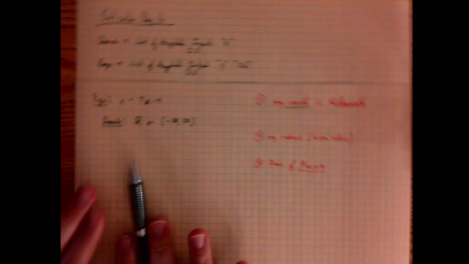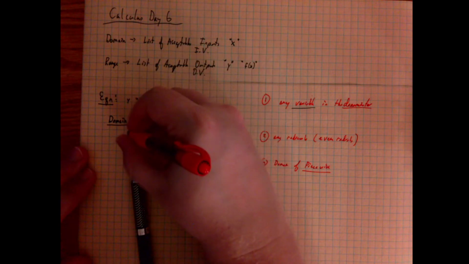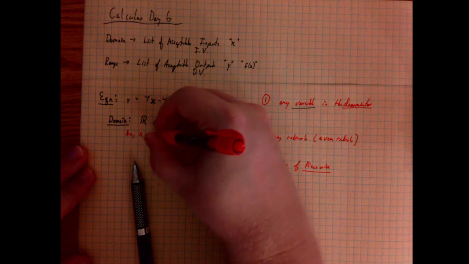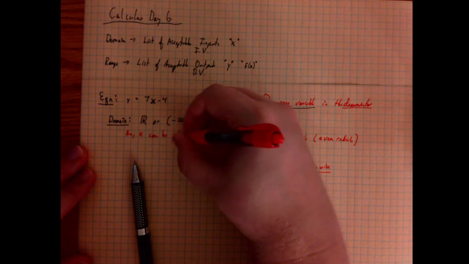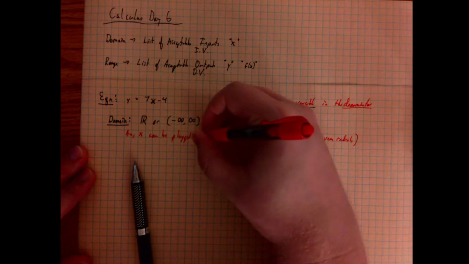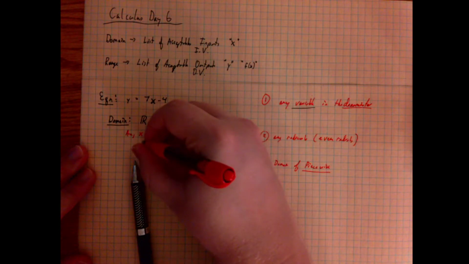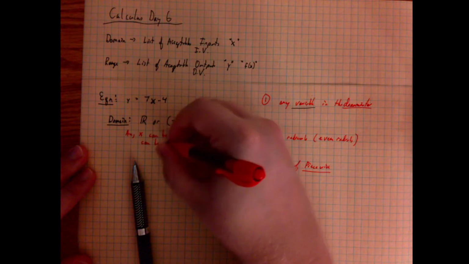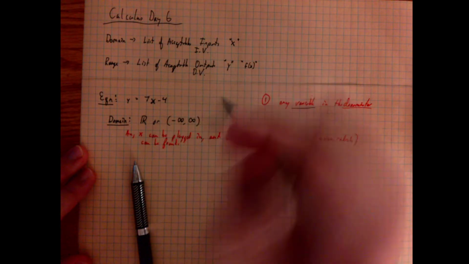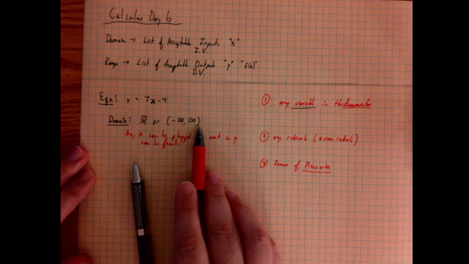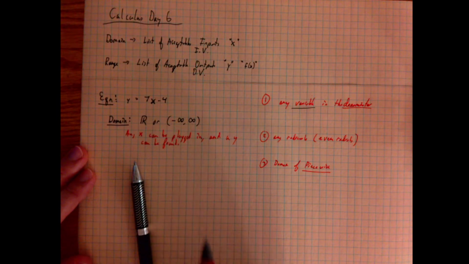Let's redefine what this means. In words, this means that any x can be plugged in and a y can be found. In other words, if I pick any x, anything between negative infinity and positive infinity, I can plug it in and get an answer.